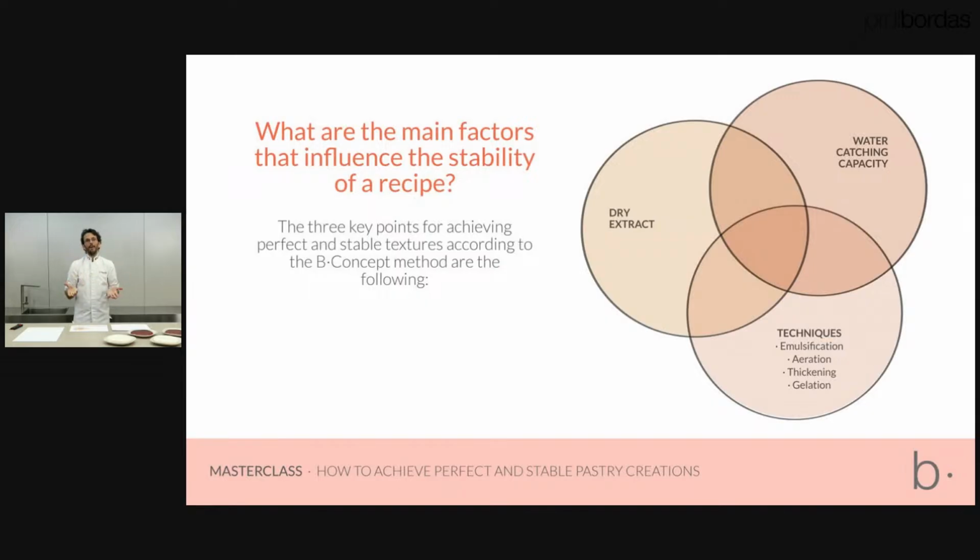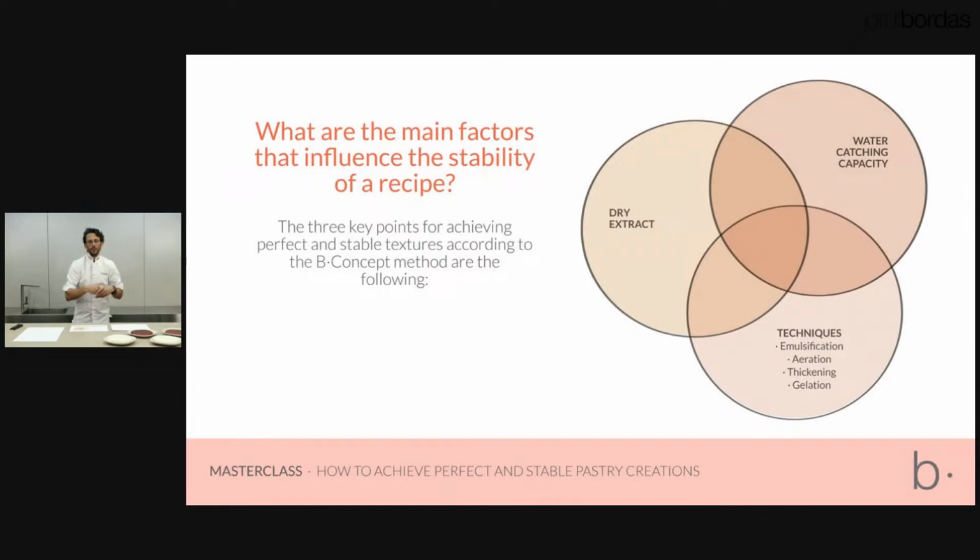Then there is another parameter, which is water catchment capacity. Jordi, what is water catchment capacity? There are molecules, for example fibers, starch and proteins, that have the ability to catch the water, and this is amazing for us because it helps us control this water through the freezing and thawing process.